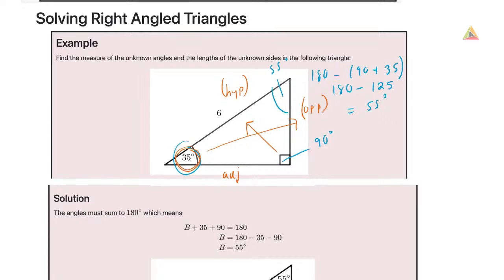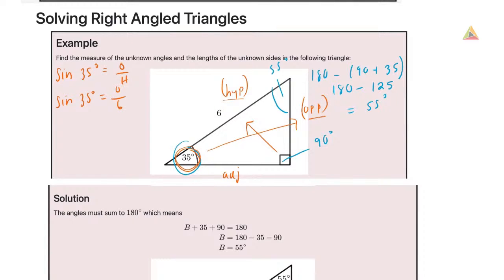We need to use a formula with opposite in it, and also the one that we know, which is the hypotenuse. So what formula uses O and H? The answer is sine. The sine of 35 degrees is O over H. So sine 35 is equal to the opposite, which is what we're looking for, over the hypotenuse, which is 6.